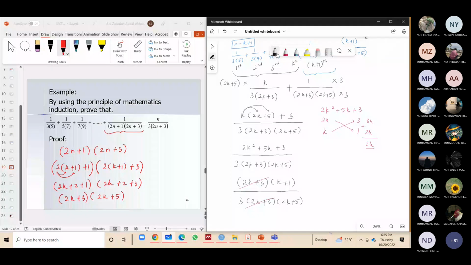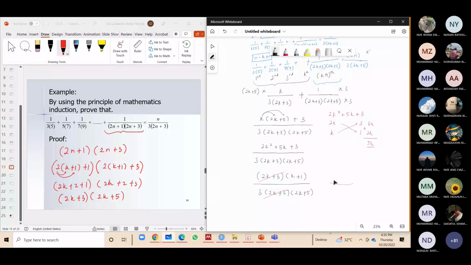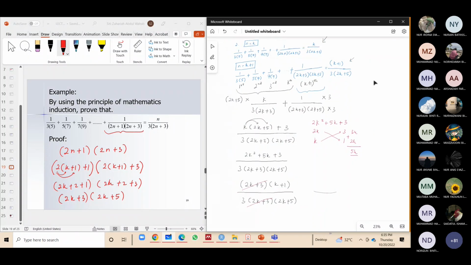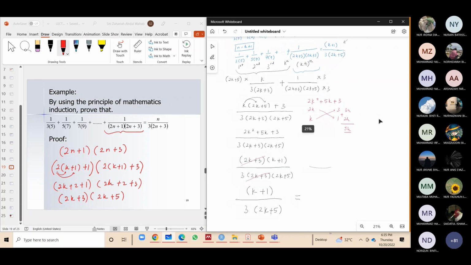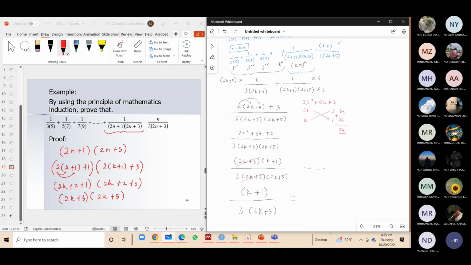So our expression will be (k+1) over 3 times (2k+5), which is equal to our right hand side, (k+1) over 3 times (2k+5). So we have proved it.